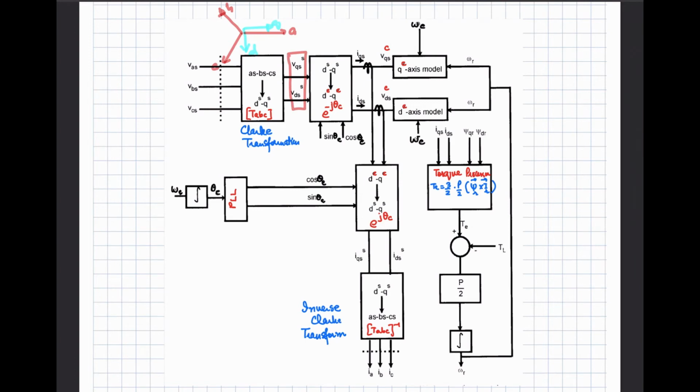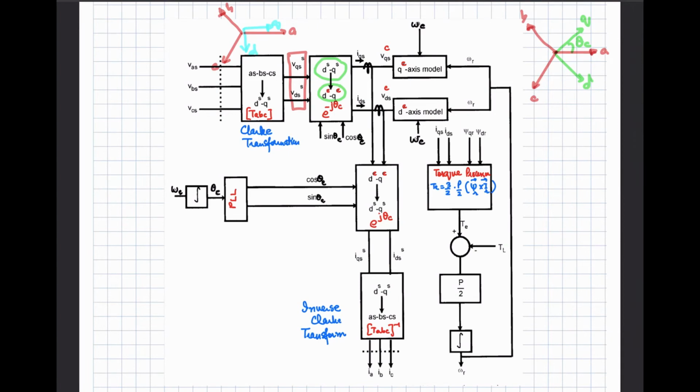Then you multiply it with e raised to the power minus j theta c, where theta c is the angle at a certain instant with the phase A of the rotating frame of reference. So you have this A, B and C, and at a certain instant of time your Q is over here and the D is over here, and this is angle theta c. We have discussed in the previous videos how we can translate from the stationary frame of reference to the arbitrarily rotating frame of reference.